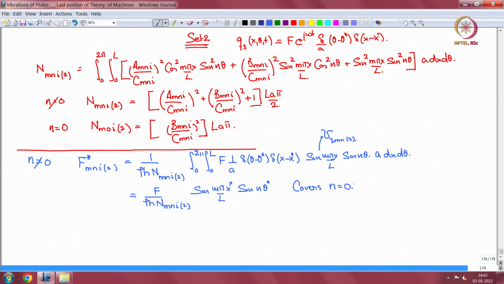Okay, so that means what? If I simply set n equal to 0, I get the correct result. So f m 0 I 2 is equal to 0.